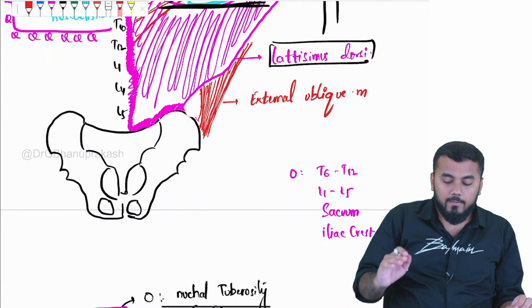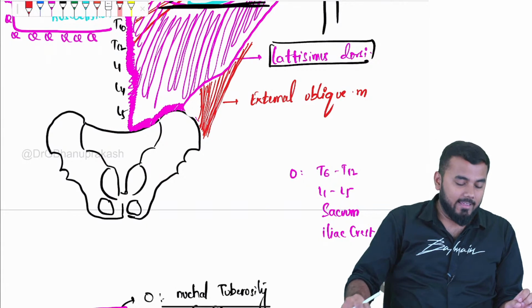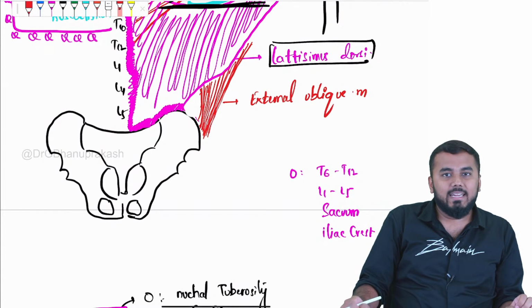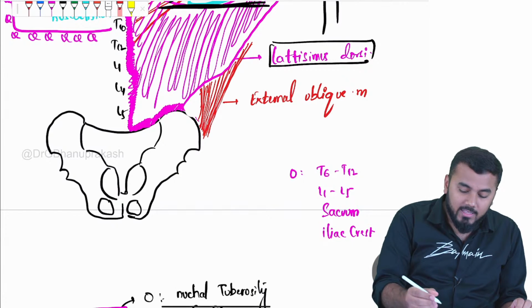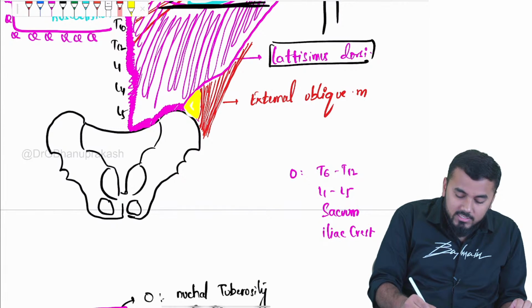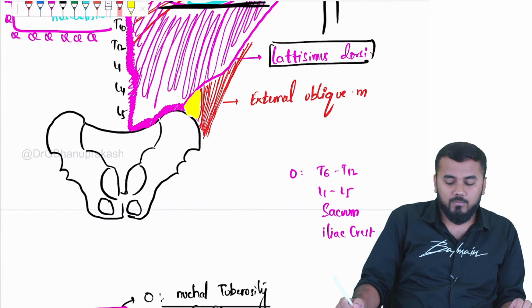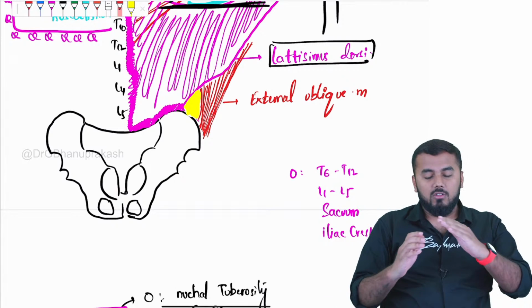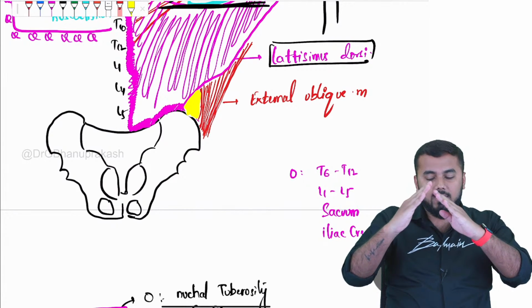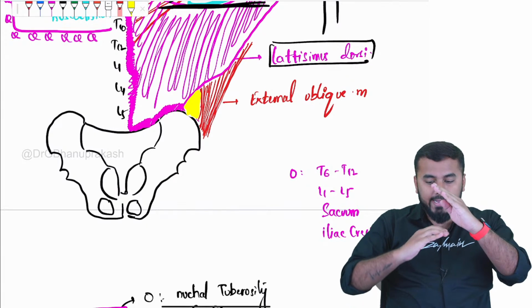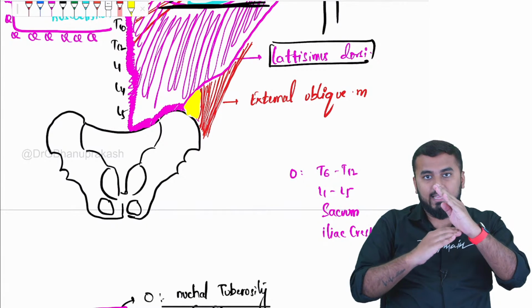Now, again I will get a triangle here. What is this triangle, guys? Look at this triangle. One side it is having latissimus dorsi. One side it is having external oblique, and down it is having iliac crest.